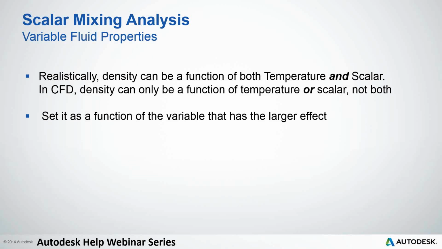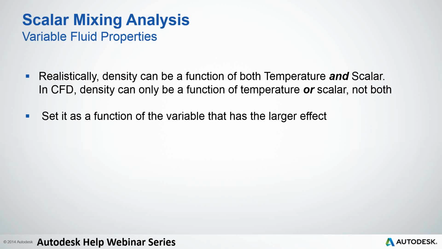One important thing here when we talk about variable fluid properties is the density. Realistically, and in many cases, density can be a function of both temperature and scalar. But in CFD, the density can only be a function of one or the other, temperature or scalar, not both at the same time.